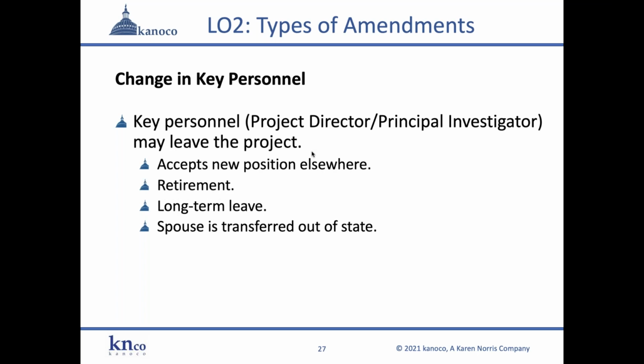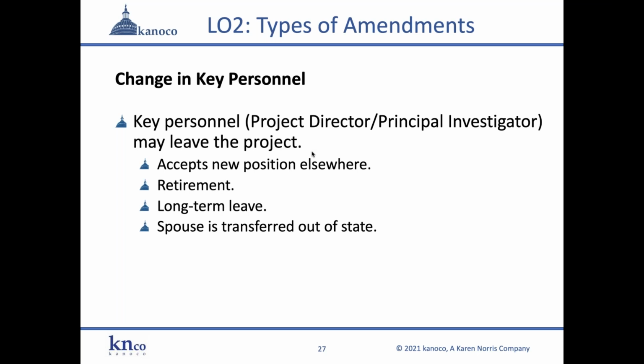The next type of amendment is the change of key personnel. And I'm talking about your project director or your principal investigator, because this is a key person. If the awarding agency approved that person at the start of the project, and if there's a change, that person can dramatically affect how well or how poorly the project will be implemented.